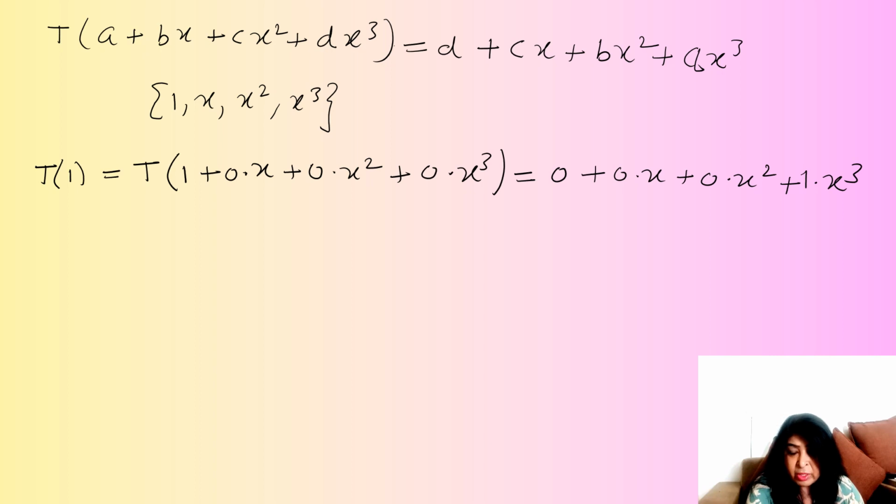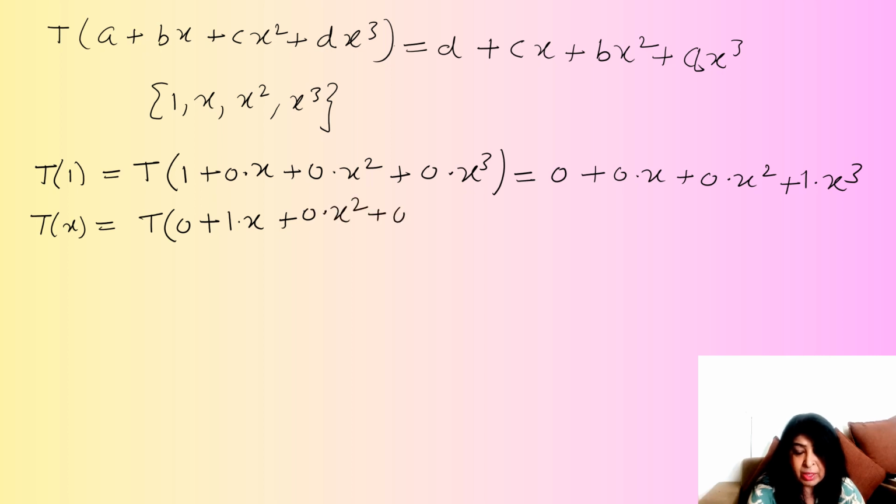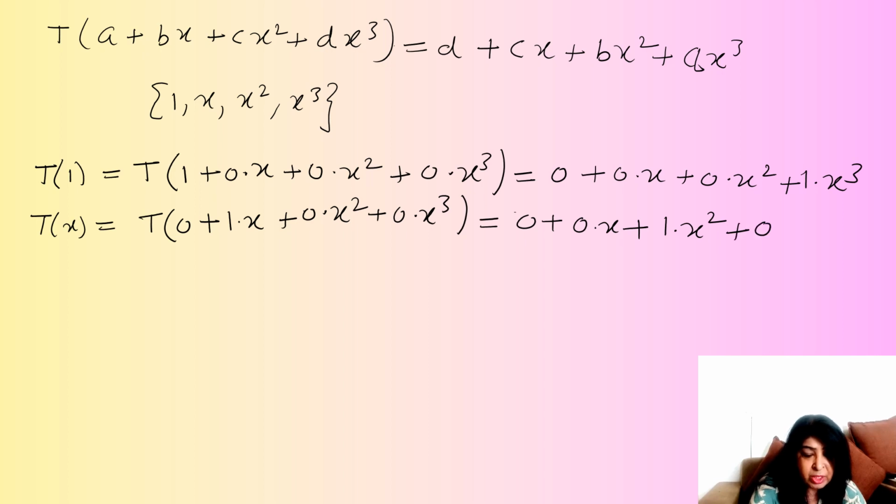Next we have T of x, which is T of 0 plus 1x. Here our b is 1. So this is equal to 0 plus 0 into x plus 1 into x square plus 0 into x cube.